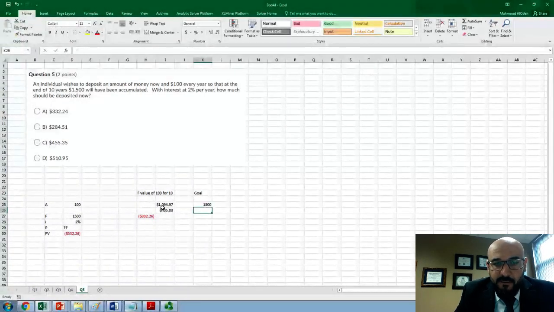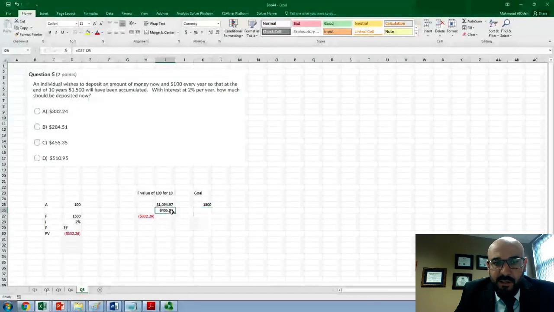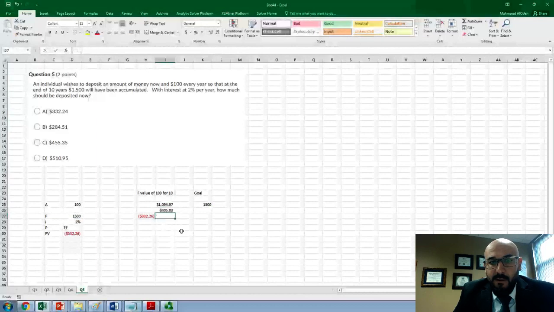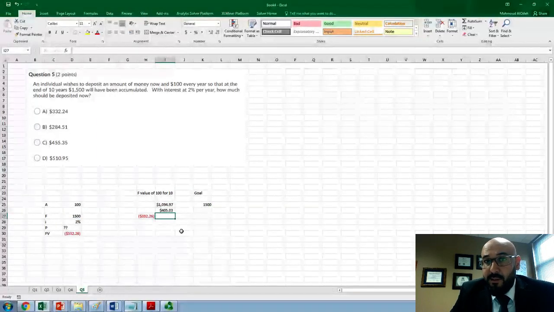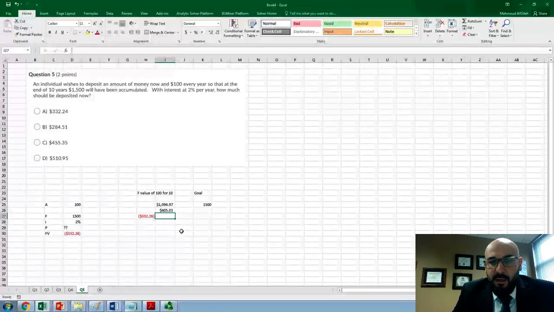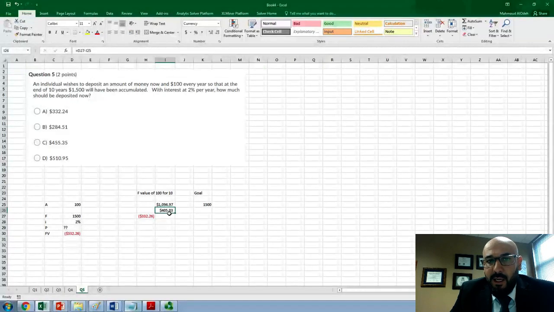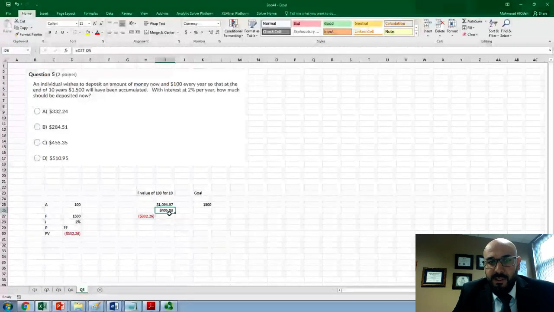So what would be the difference? The difference between 1,500 and 1,094 is $405. Now we need to find how much this $405 is equivalent to in present value.